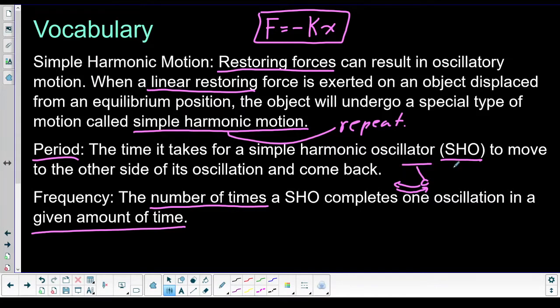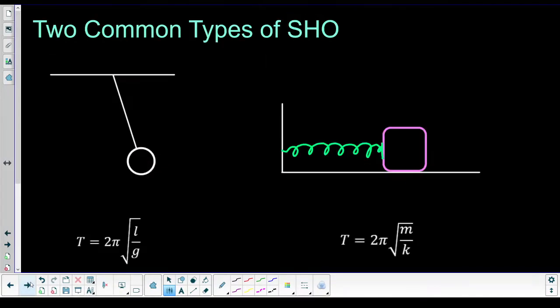So this is time per thing. This is things per time. Does that make sense? So they're actually reciprocals of each other, but we'll get to that in a couple of slides. So let's look at our two simple harmonic oscillators.